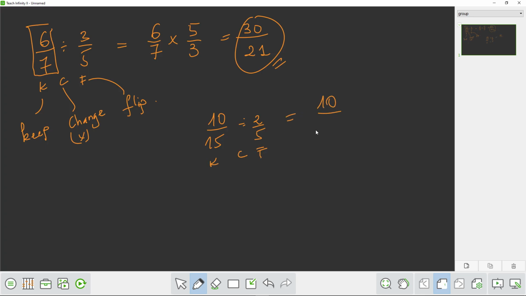Keep the 10 over 15. Change the division to multiplication. Flip the 2 over 5. It becomes 5 over 2. Or we call it reciprocal. So 10 times 5, 50. 15 times 2, it's 30. Some of you can turn this one into a mixed number. Some of you will keep it like this. It doesn't matter. That's the answer.